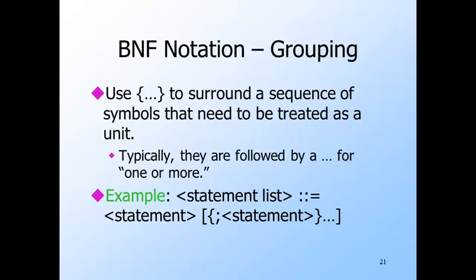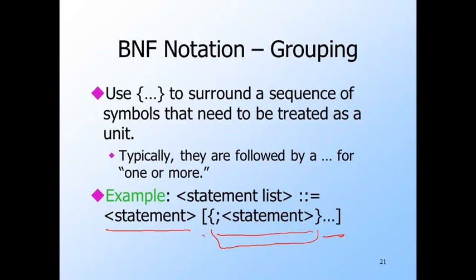That is, a statement list consists of one statement, that's this, followed optionally by one or more groups consisting of a semicolon and a statement. There. Brackets form a group, and then finally the ... applying to the group says one or more of these groups.